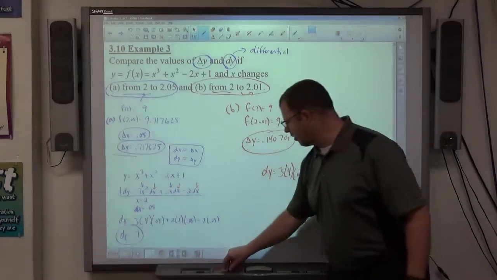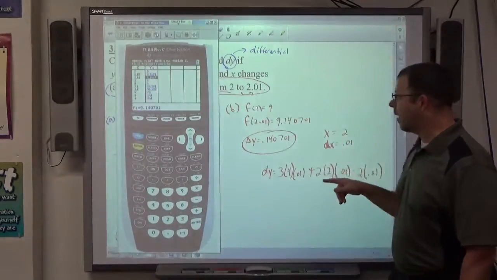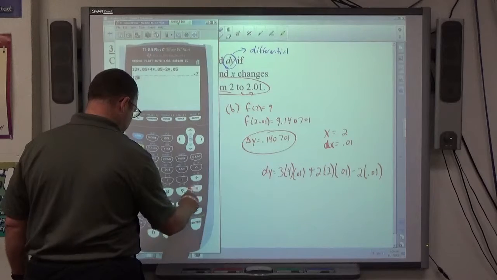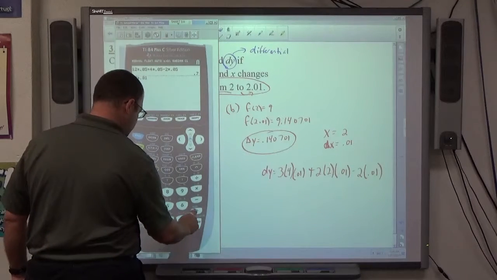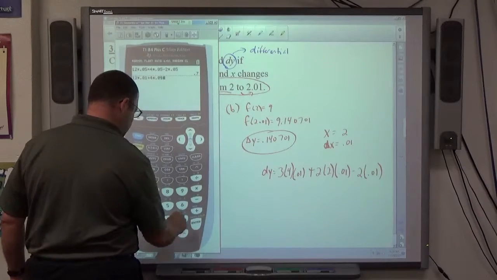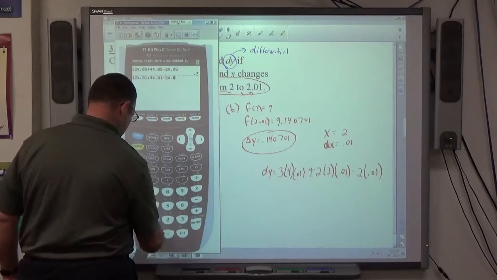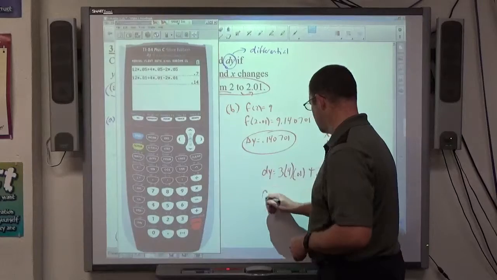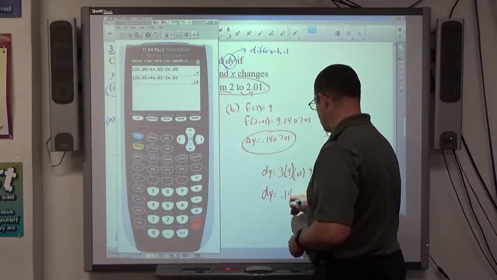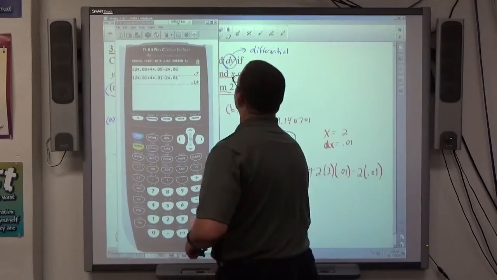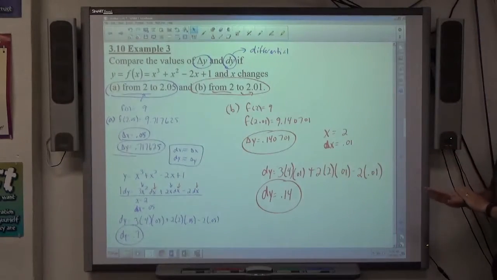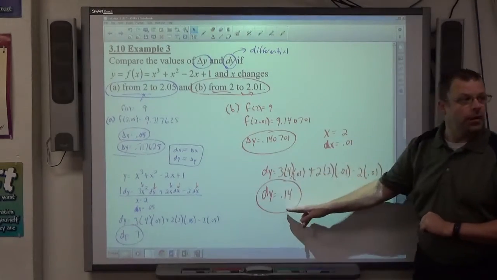So it's going to be 3 times 4, which is 12 times 0.01, plus 4 times 0.01, minus 2 times 0.01. Comes out to 0.14. Now, comparison again, they're pretty close, right?